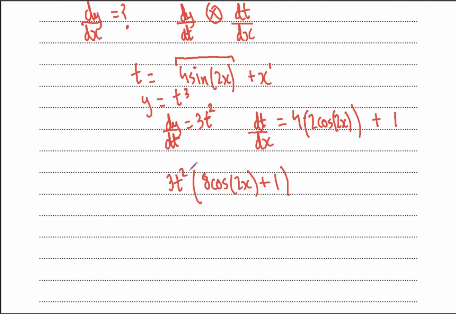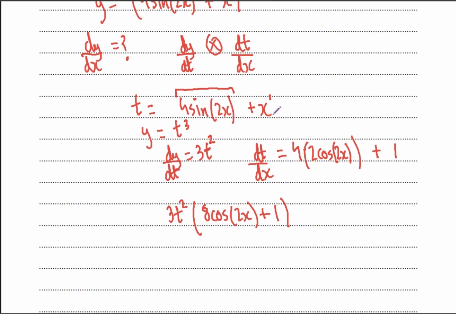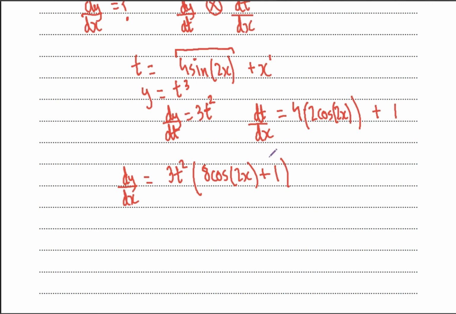But we know what t is. We let t equal 4 sine 2x plus x. So now, this is dy by dx. We can't just leave it in terms of t because we want it in terms of x. So that is actually equal to 3 times, and it's multiplication, so I can just put 8 cos 2x plus 1, and then times t squared.